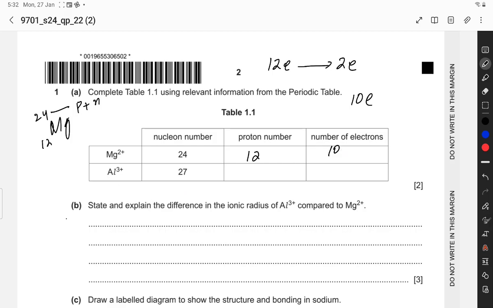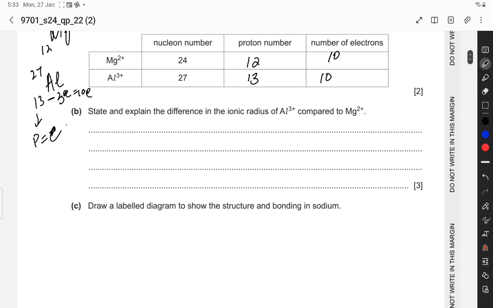And aluminium, the symbol of aluminium is this, 27 and 13. 13 is the proton number, which is equal to the electron number. If aluminium carries 3 plus, it loses 3 electrons, which is equal to 10 electrons, right? So 10 electrons over here, and the proton number is 13.